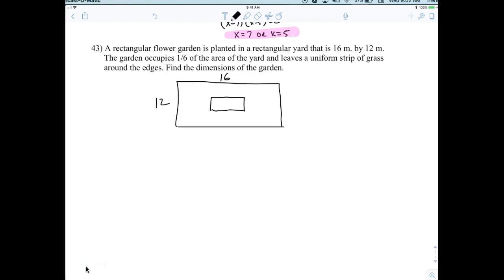Well, what's the area of the yard? 12 times 16, which is 192. So this whole area is 192. The area of the garden would be what?